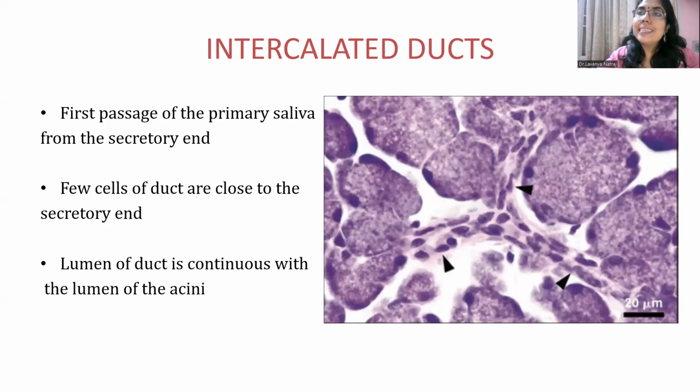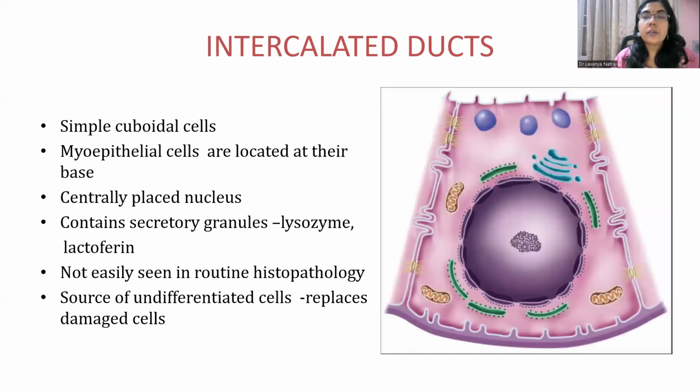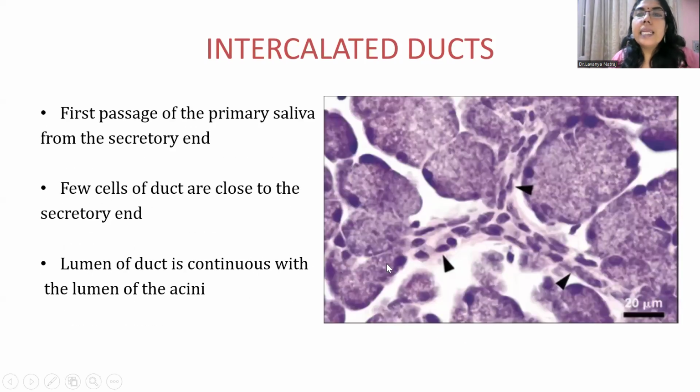Now moving to the cells in the ductal system. That is the cells of the intercalated duct, the striated duct, and the excretory duct. The intercalated duct is the first passage of the primary saliva from the secretory end. The cells of the duct are very close to the secretory end, and the lumen of the duct is continuous with the lumen of the acini.